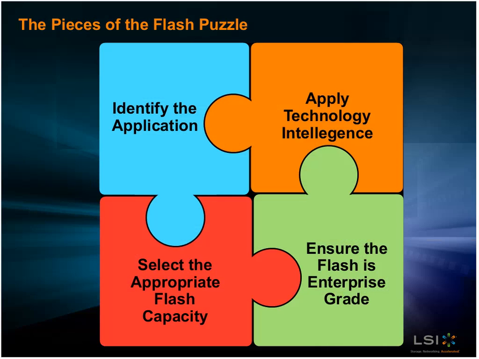You want to ensure that the flash you're buying is enterprise grade. And I'm going to get into that in a second, but in a nutshell, that means make sure that the controller that's managing the flash is enterprise worthy, has enterprise features, and can manage the error correction and the performance across the life of the product effectively. And again, you want to apply technology intelligence to the solution wherever it's applicable, and I'll get into that in a second as well.